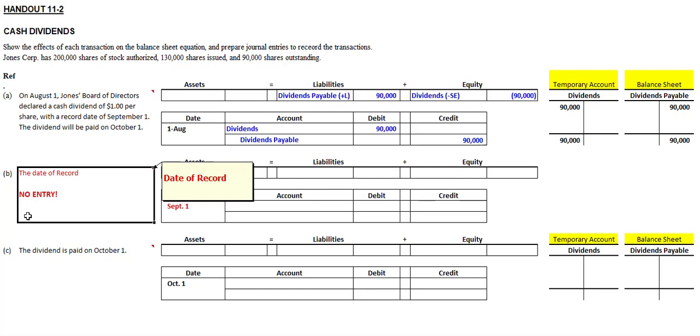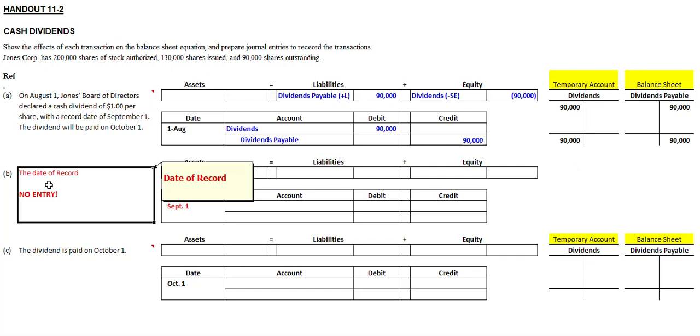We're just going to tabulate the names of all of our shareholders as of that date. Because if you own the shares on August 31st, you don't get a dividend. But if you do own the shares on September 1st, you're entitled to a dividend. If you sell your shares on September 2nd, it doesn't matter. If you own them on September 1st, you're entitled to the dividend.